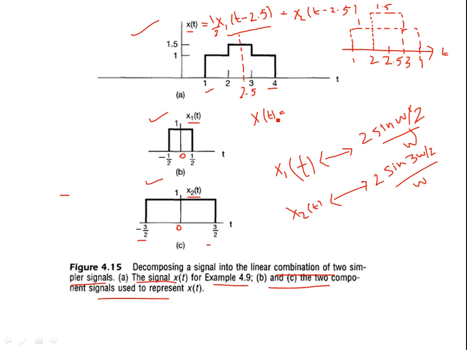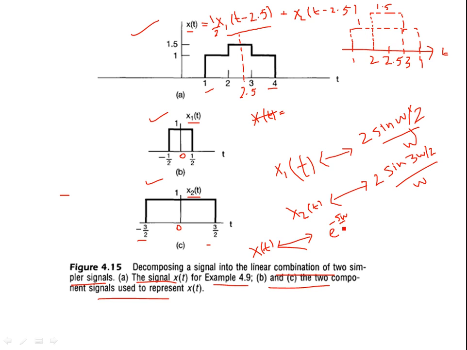Now since we have the two Fourier transform pairs, we can write the Fourier transform pair for x(t) using the linearity property and the time shift. For x1(t), there is going to be an exponential multiplication, since this is shifted by 2.5, so it will be e to the minus j 5 omega by 2.